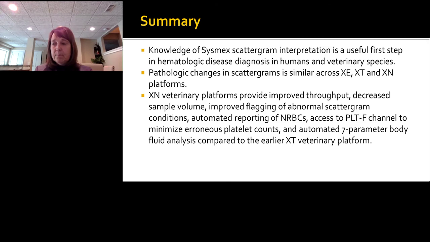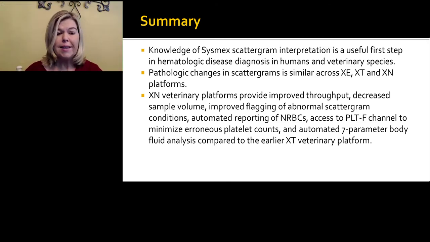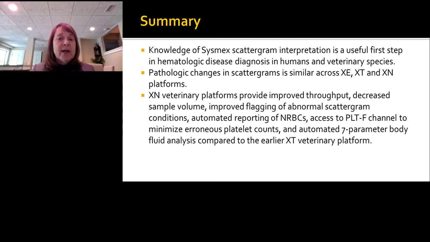Thank you, Dr. Criswell. Our next question, is the Sysmex analyzer capable of performing differentials on samples other than peripheral blood? Yeah, so I just mentioned it briefly in the summary. Certainly the XN now allows body fluid analysis, which is a nice new thing.